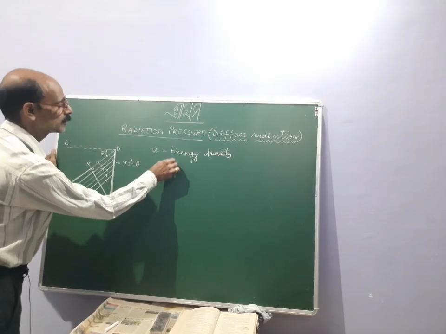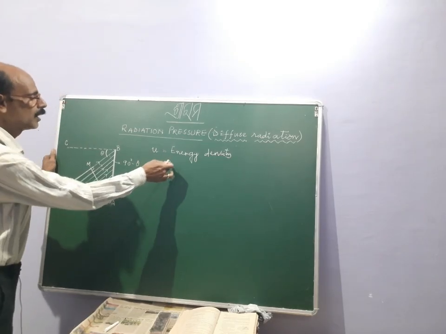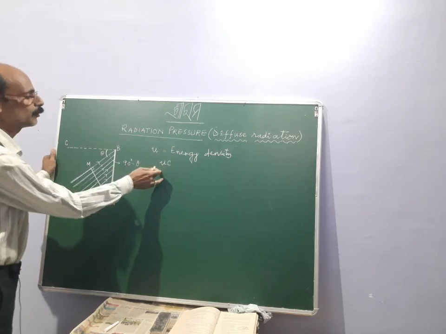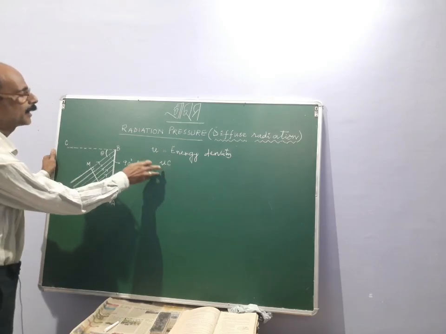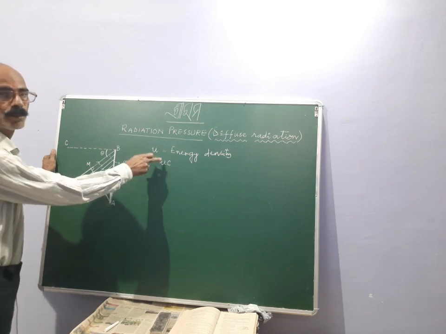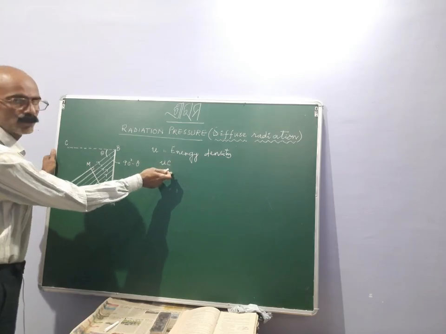So if volume and distance traveled cancel, then we will get area here. Then it will be energy incident per unit area per unit time.